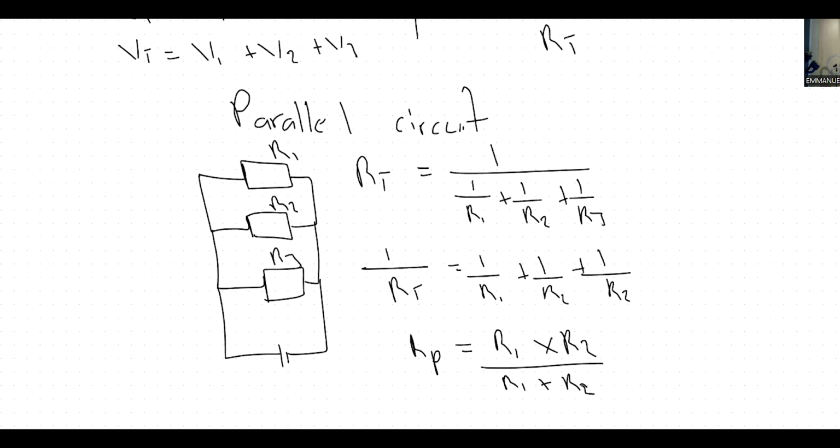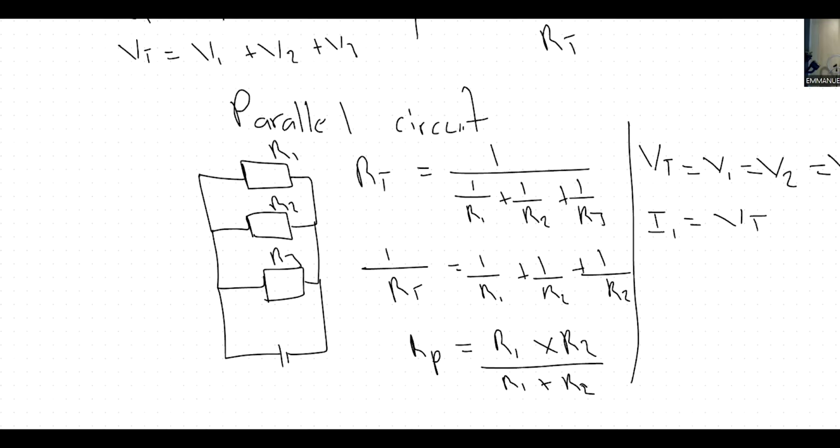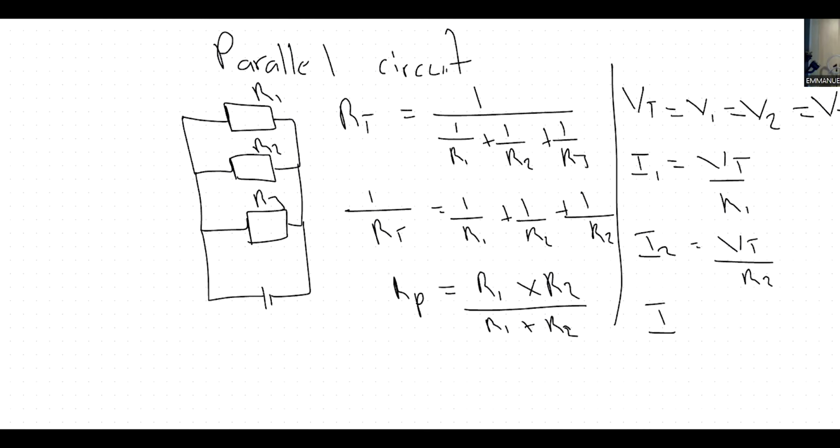The other thing you should know about a parallel circuit is that the voltage in a parallel circuit is the same. Hence, we can say VT is equal to V1 is equal to V2 is equal to V3. But the current is not the same. Hence, I1 is equal to VT divided by R1, I2 will be VT divided by R2, and I3 will be VT divided by R3.